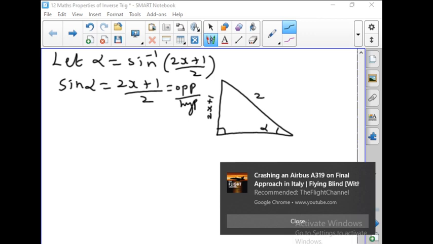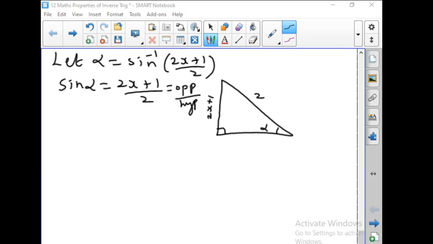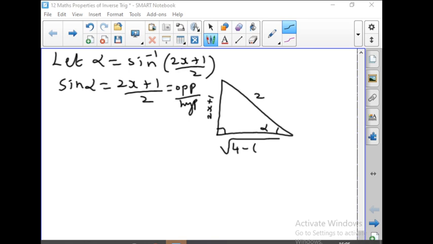So what about this side? This is root of 4 minus (2x plus 1) the whole square, that is 2 square minus this. So what do you get now? This is 4 minus 4x square minus 1 minus 4x.